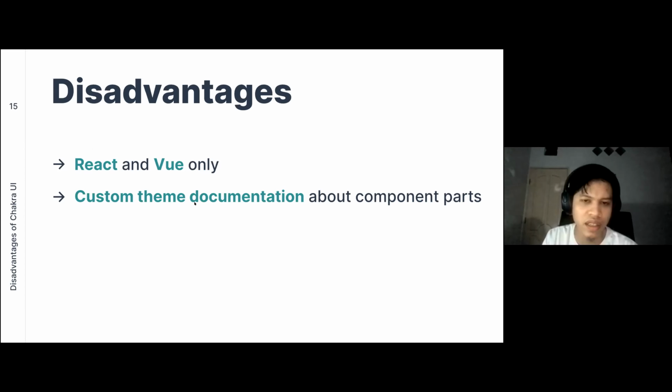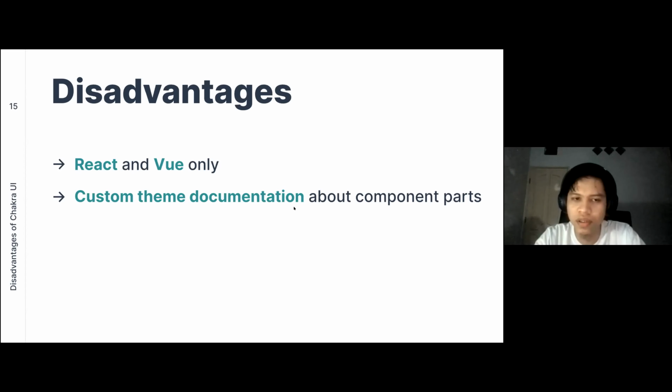And then the second disadvantage, I think, is the documentation about component parts. When we want to customize a dropdown, they provide some parts for us to customize the component. When we have a dropdown, we have the toggle, we have the menu, and then we have the option. So we have three parts for that component.